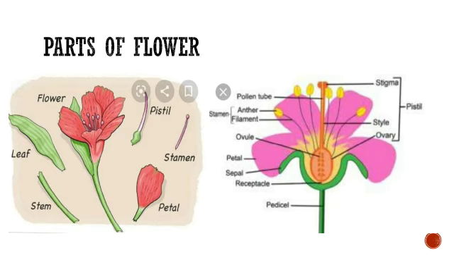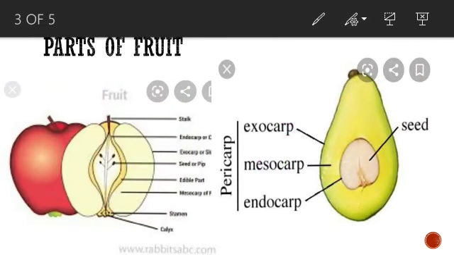Now our next topic is the fruit. Students, we eat many different types of fruits. Each type of fruit has its own characteristics. There are variations in their shape, color, taste, etc. Mango contains only one seed, whereas a jackfruit consists of many small fruitlets, each with its own seed.